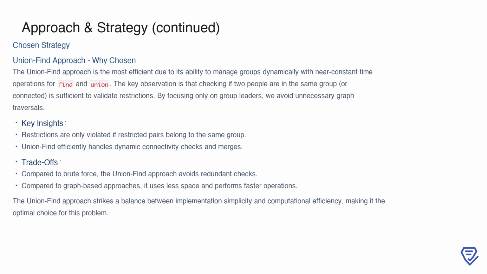Additionally, union-find handles dynamic connectivity checks and merges with near-constant time operations. Compared to the brute force approach, this method avoids redundant checks, saving significant computation time. Similarly, it outperforms graph-based approaches in terms of both space usage and operational speed. Ultimately, the union-find approach strikes the right balance between computational efficiency and implementation simplicity, making it the optimal solution for processing restricted friend requests in this problem.